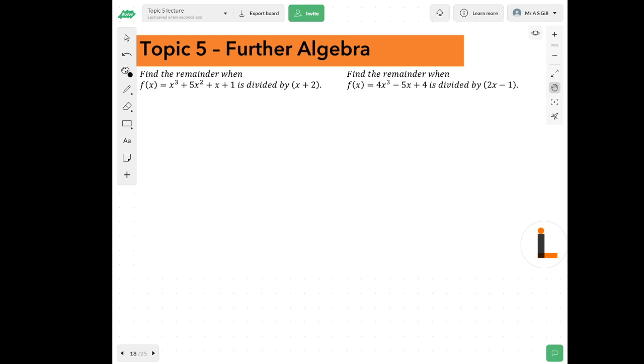So just as a reminder, what we do, for example, on the left hand side is we can say, well, let's find f of minus 2.